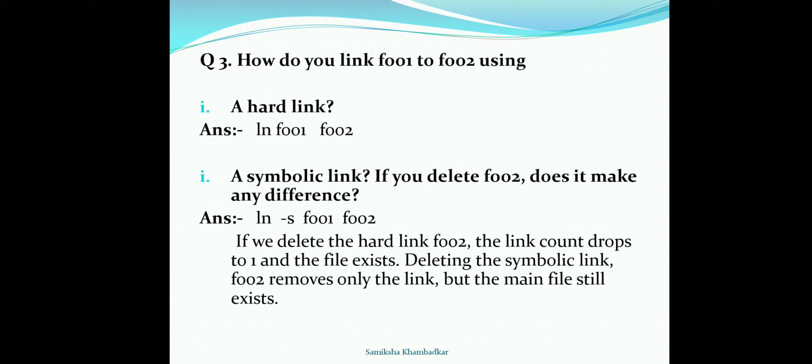For linking through a hard link, we enter the command ln space foo1 space foo2. Using this command, we can link two files using a hard link. Now the second one is through a symbolic link. For linking foo1 to foo2 with a symbolic link, we use the command ln space minus s space foo1 space foo2.